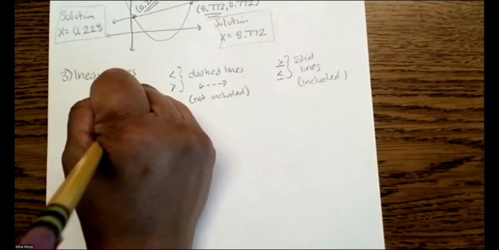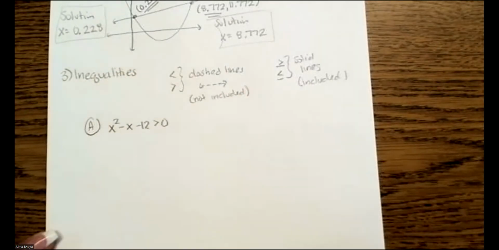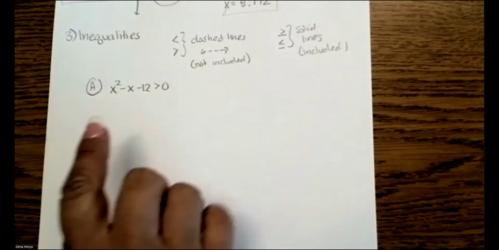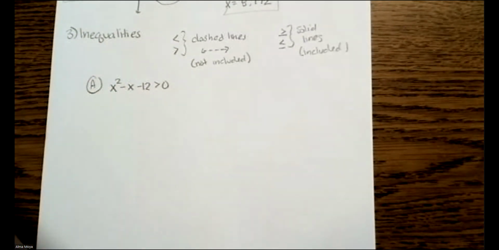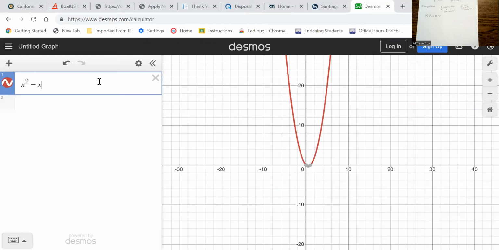We're going to graph x squared minus x minus 12 is greater than 0. I'm going to use Desmos to plug this in to see what it looks like. So that's x squared minus x minus 12.